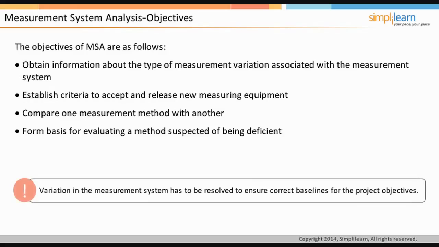The measurement system variations should be resolved to arrive at the correct baselines for the project objectives. As baselines contain crucial data based on which decisions are taken, it is extremely important that the measurement system be free of error as far as possible. Let us look at measurement analysis in detail in the next screen.